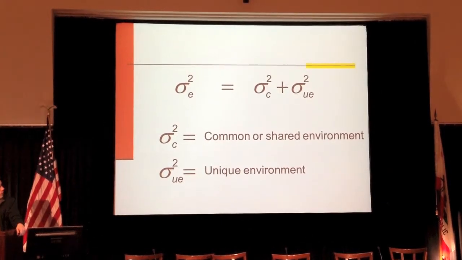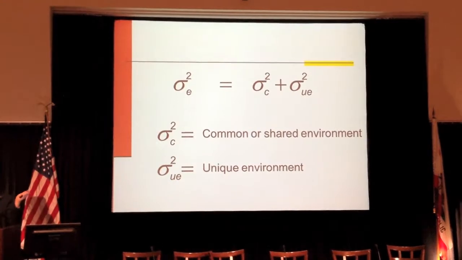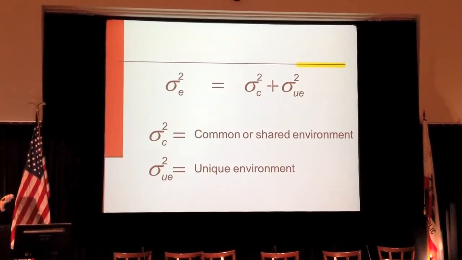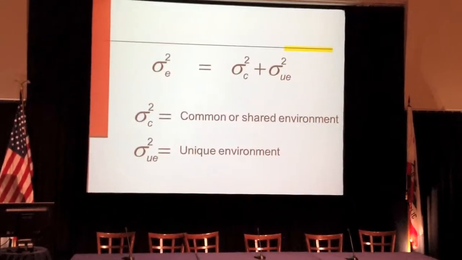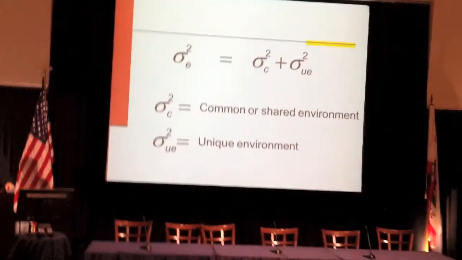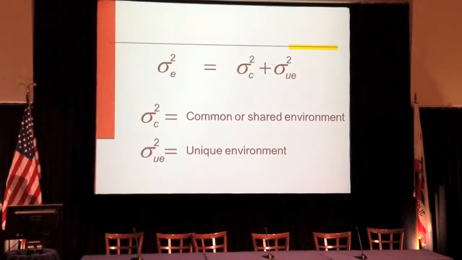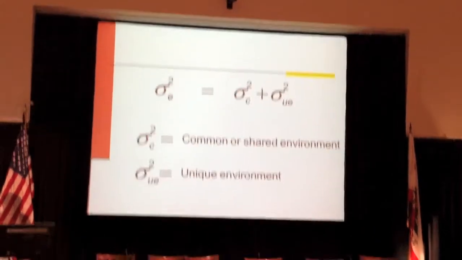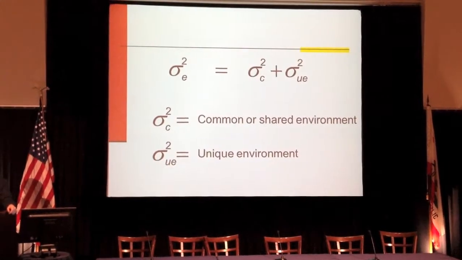Further parcellation can be achieved by parcellating environmental variance into the common environmental variance and unique environmental variance. The common or shared environmental variance is the C that is commonly seen in the ACE model, where A stands for additive genetic variance, C stands for common or shared environmental variance, and E stands for unique environmental variance.